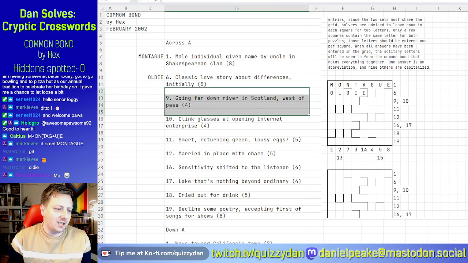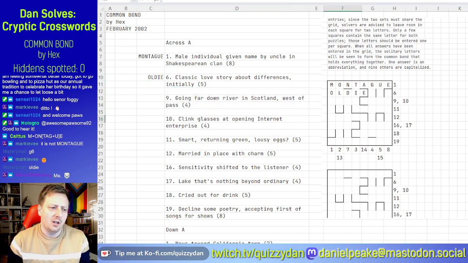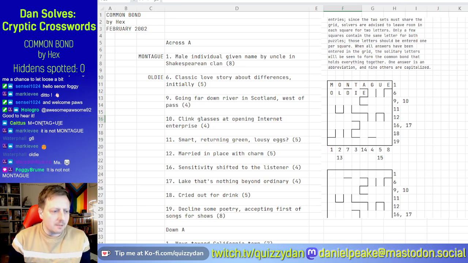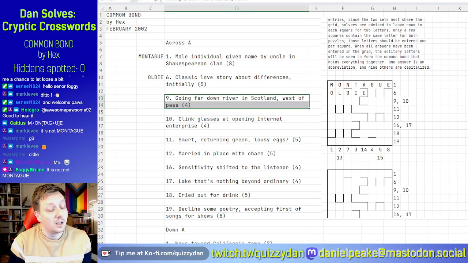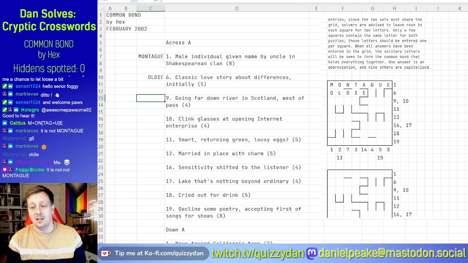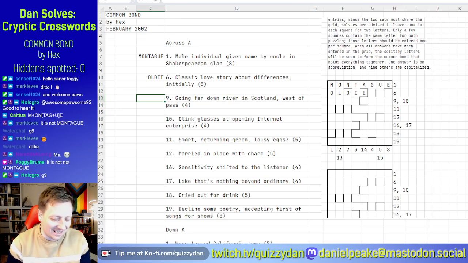Going far down river in Scotland, west of pass. Okay, yes, I'm happy with that one. Quite a nice surface, that. Good evening to you, Montague. Yeah, just going to call you all Montague now, apparently. Going far down river in Scotland, west of pass.